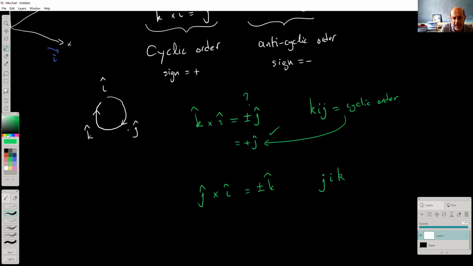So I start from J, move to I, and then move to K. So I'm following an order in here, but this is opposite to the cyclic order. So therefore, this is anti-cyclic, right? Which means that the sign is negative. Okay. This is the only thing that you have to keep in mind. After a few exercises, you get used to this calculation. And so as a result, you can do all the possible calculations.